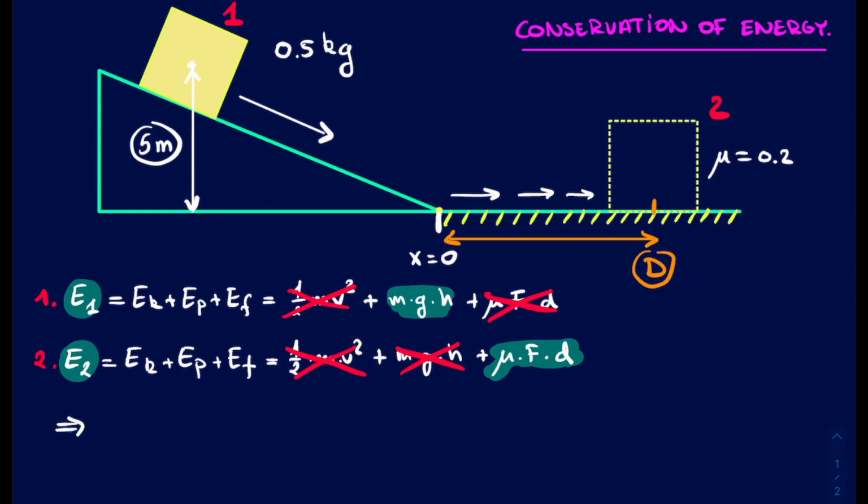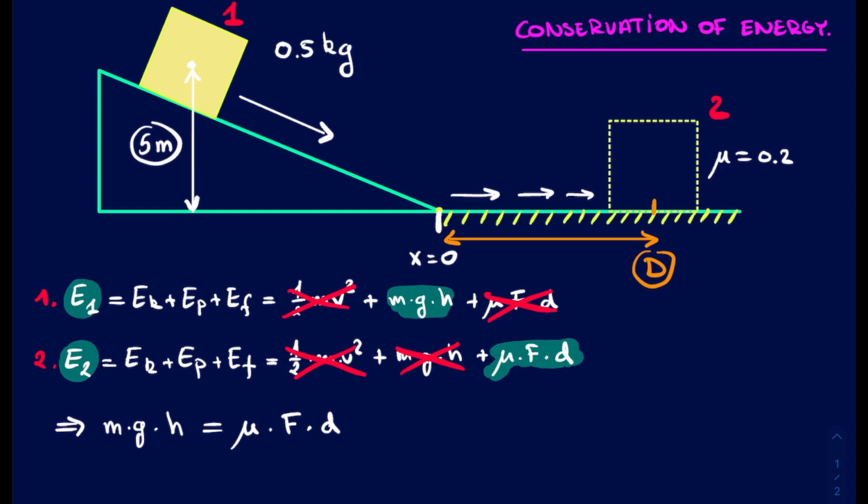Namely, that we have m times g times h, and this has to be equal to the following. Mu, which is a frictional constant, multiplied by the force which causes the objects to rub against each other, so in this case the normal force, which is the gravitational force, but we'll get there in a second, multiplied by d, which is the distance over which the frictional force was applied.